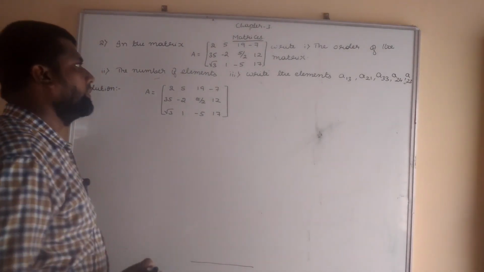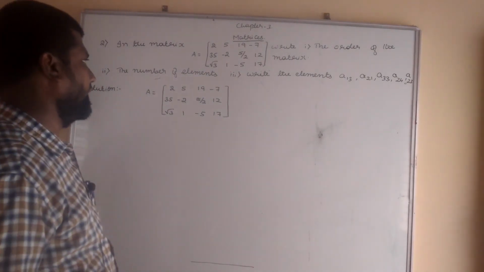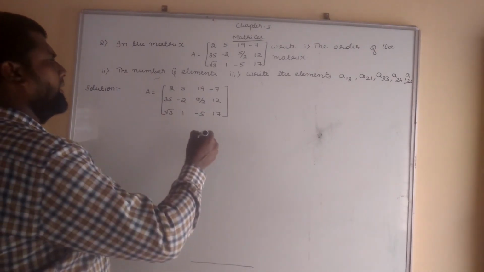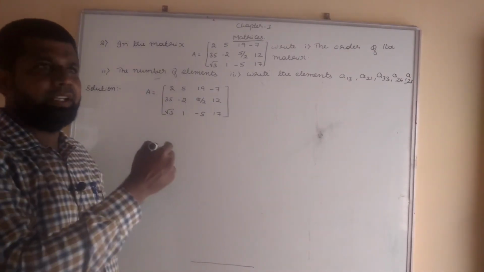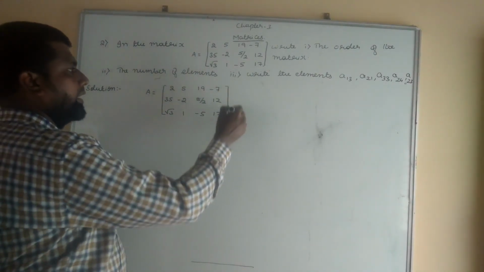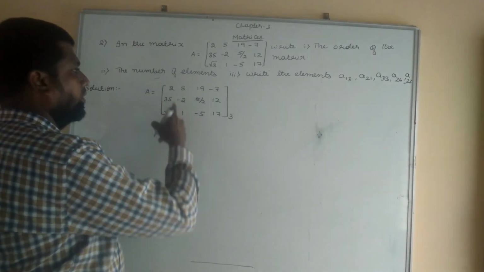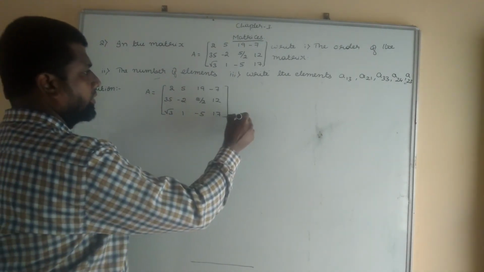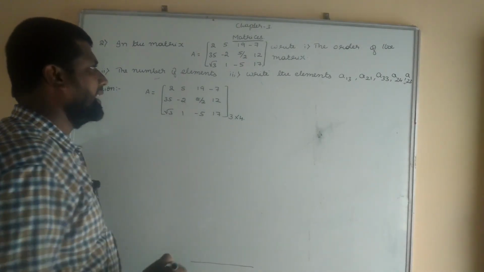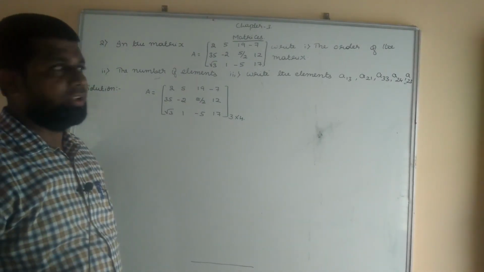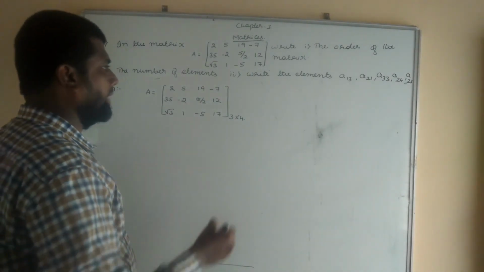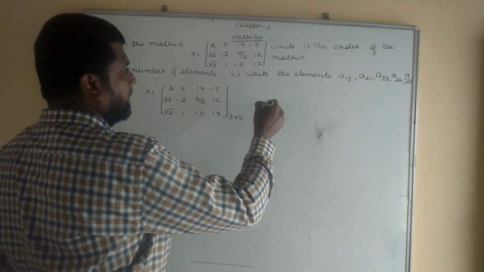The order of the matrix, by seeing the matrix we can write the order. In the given matrix how many rows are there? 3 rows are there. How many columns are there? 4 columns are there. So this is the order of the matrix. I already explained how to write the general matrix in the previous class.